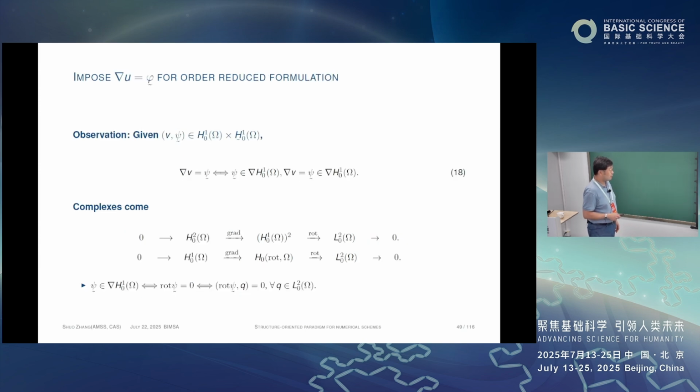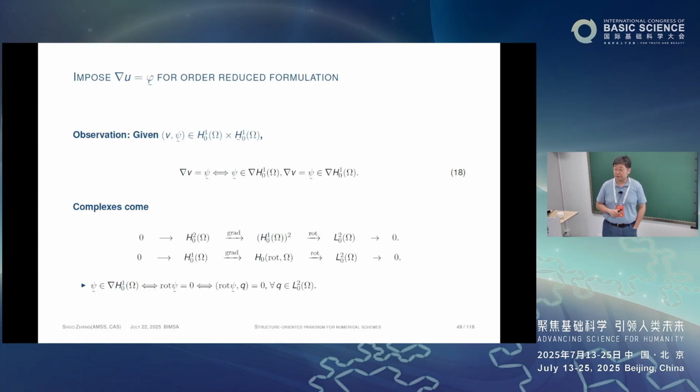Now, complexes here. We have two complexes. One complex is H2, gradient, H1, curl, L2. They form a complex. This is called the Stokes complex. And another is H1, gradient, H curl, curl, L2.